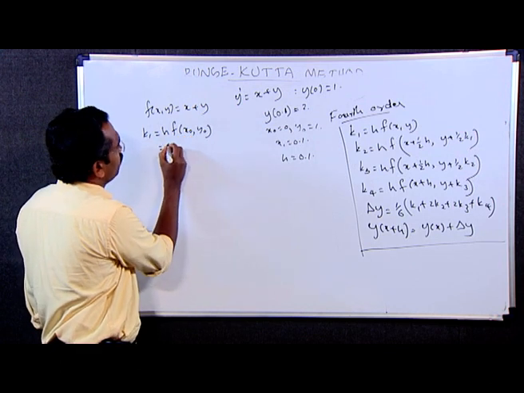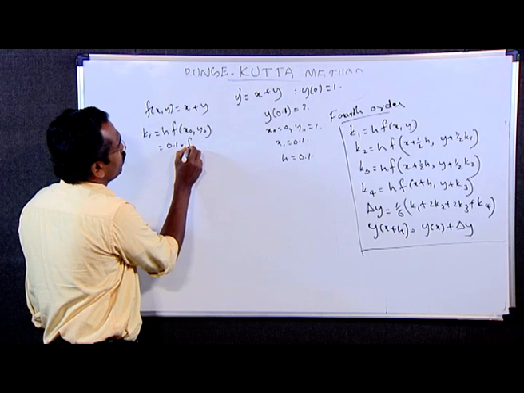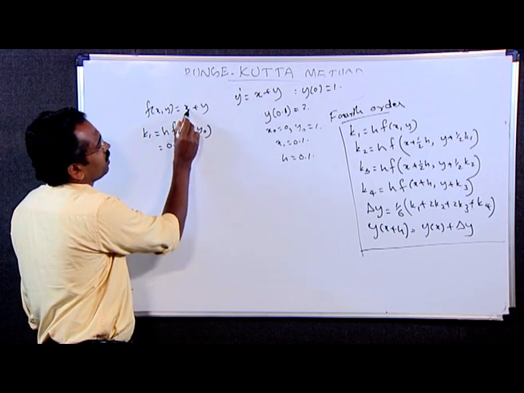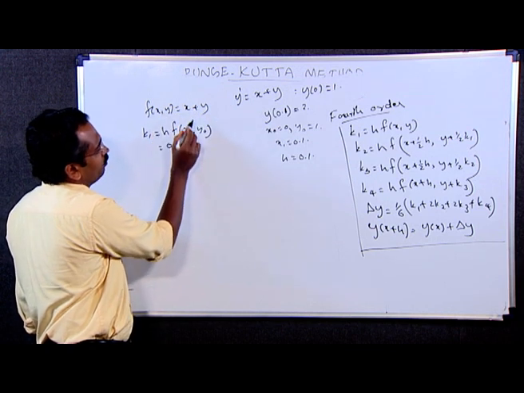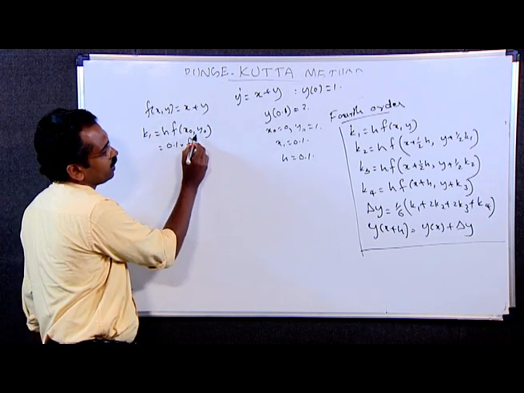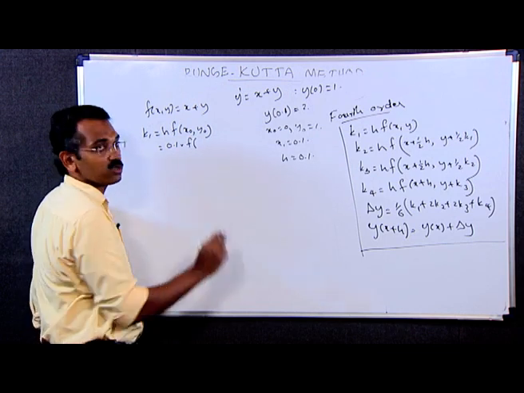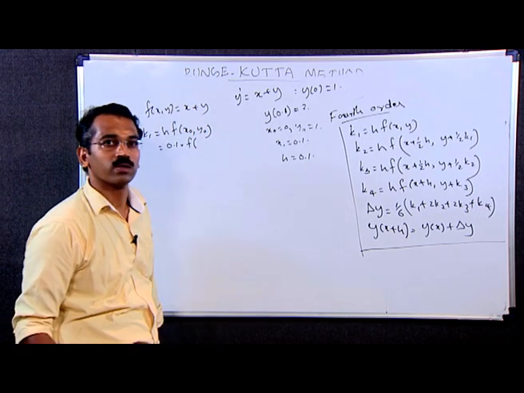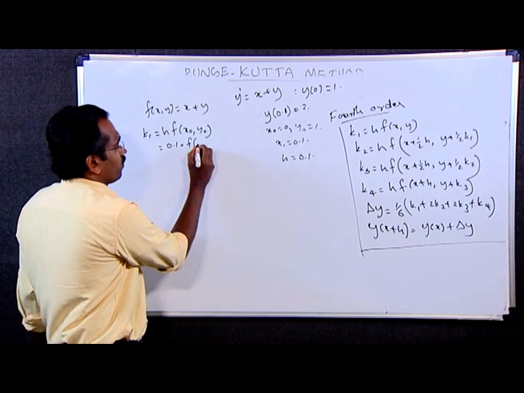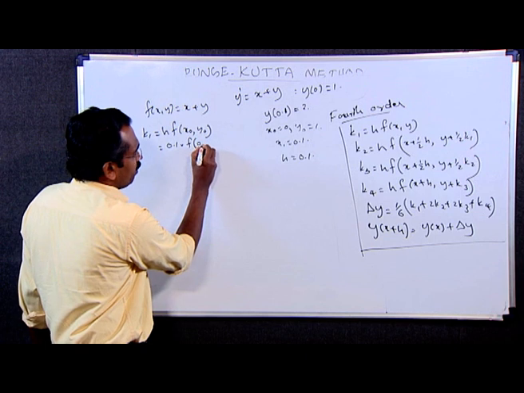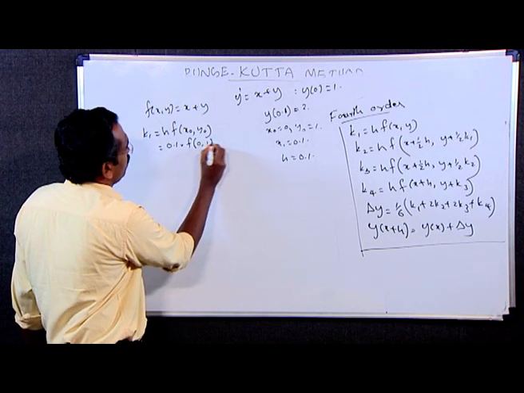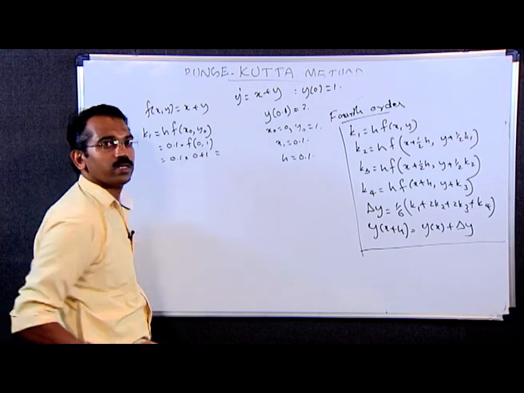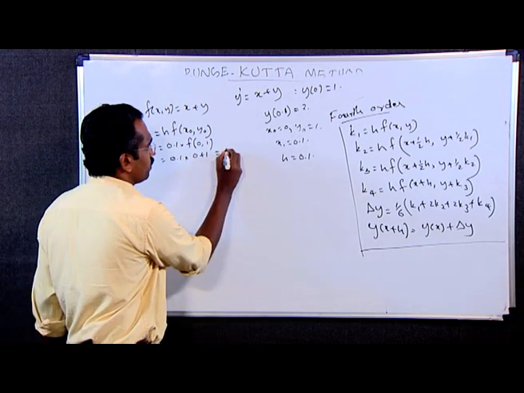That is 0.1 into f of x naught plus y naught, because f of x y is sum of the two coordinates x and y. Therefore, here f of x naught y naught means f of x naught plus y naught, that is f of 0 plus 1. Sorry, f of 0 comma 1, that is 0.1 into 0 plus 1, that is equal to 0.1.